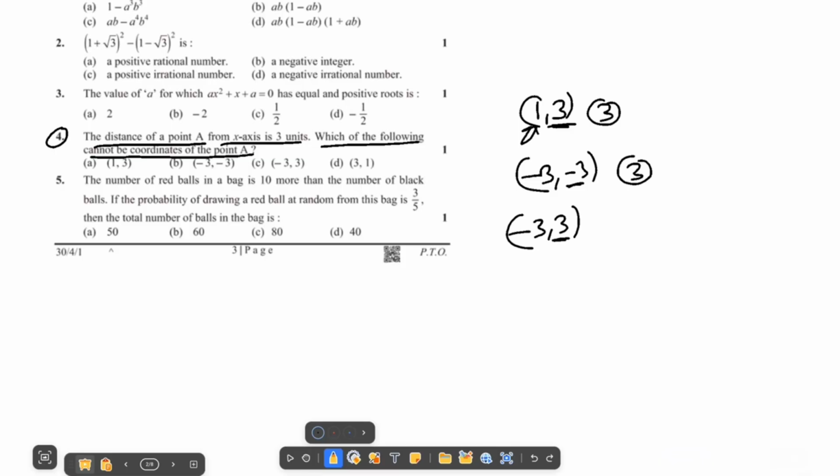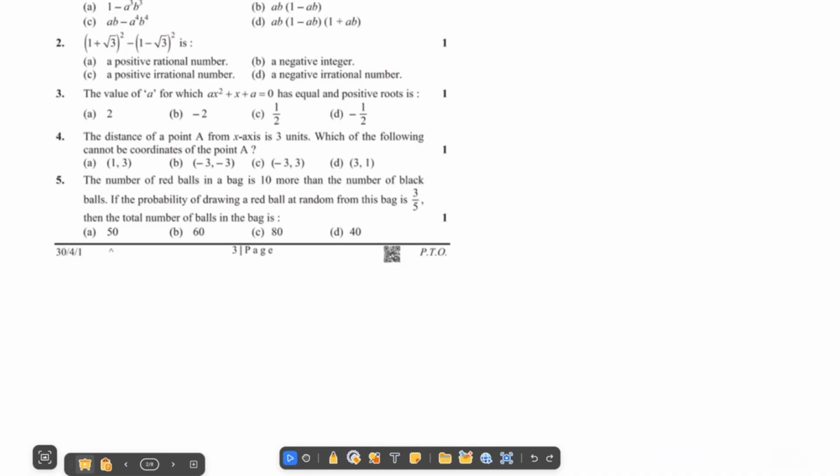Its y coordinate is 3, it is 3 units from the x-axis. Now let's check option D, 3 comma 1. Here y coordinate is 1. When y coordinate is 1, it is only 1 unit distance from the x-axis. So this cannot be the coordinates of point A. So option D is the right answer for the given question.